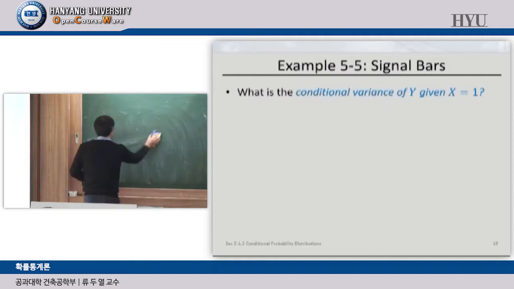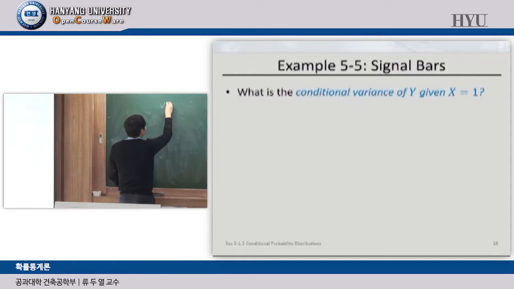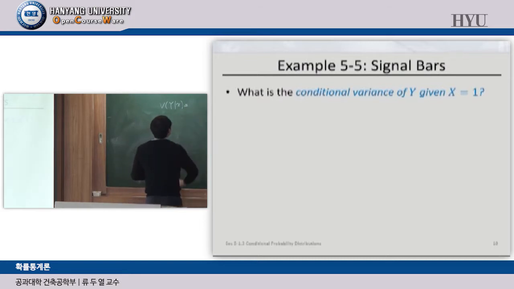For the case of the joint probability mass function, the conditional variance was V(Y|x) equals the summation of (y minus mu_{Y|x}, the conditional mean) squared, times the conditional probability mass function of Y given x. Do you remember this equation?